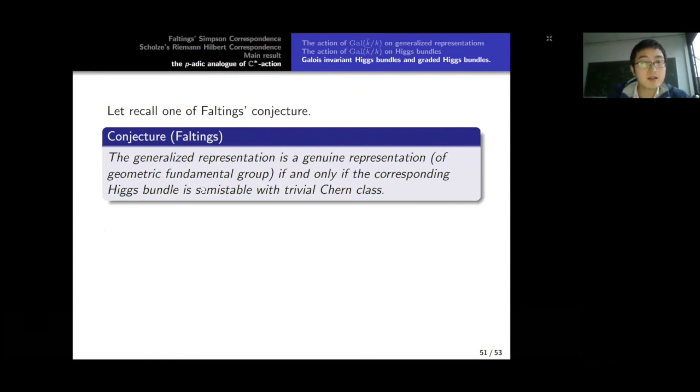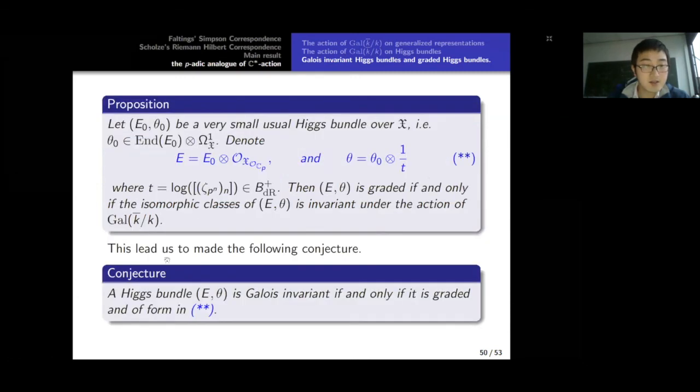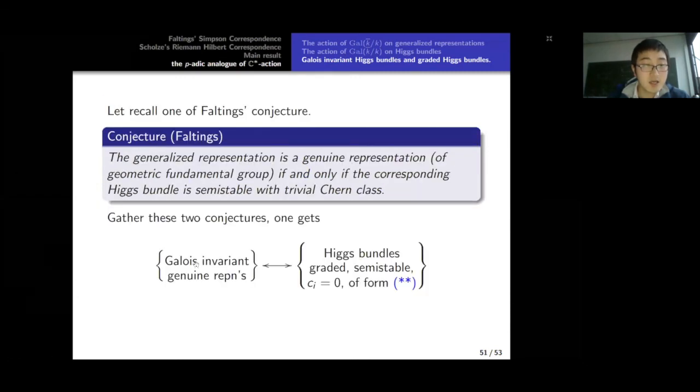Now let's recall Faltings' p conjecture. We have introduced this before. Faltings' p conjecture says that a generalized representation is a genuine representation if and only if the corresponding Higgs bundle is semi-stable with trivial Chern class. Together, this conjecture and our conjecture, we can get the equivalence between these two categories.